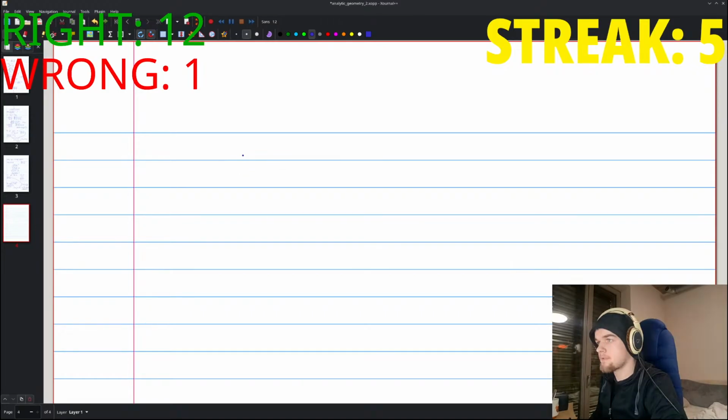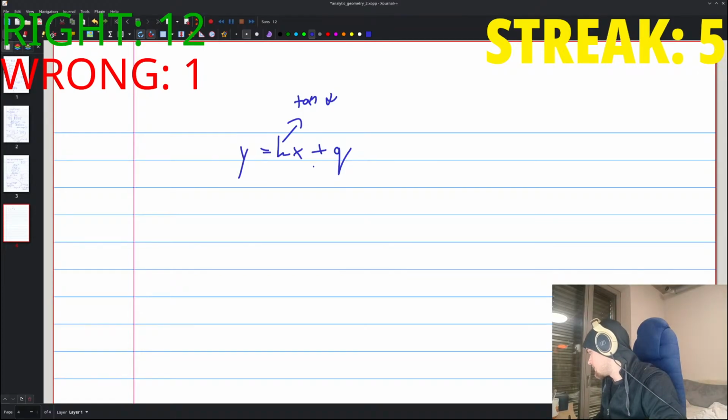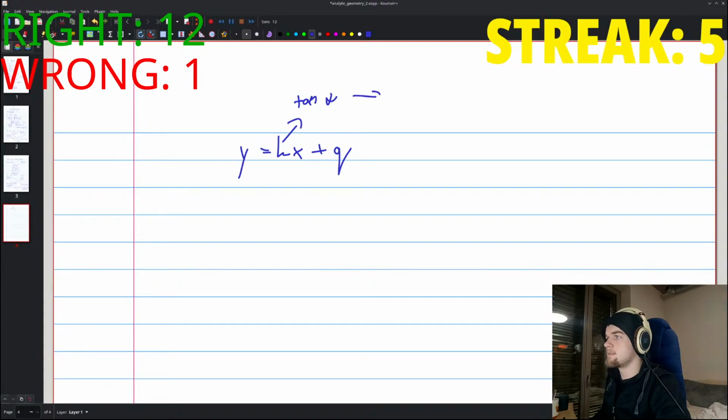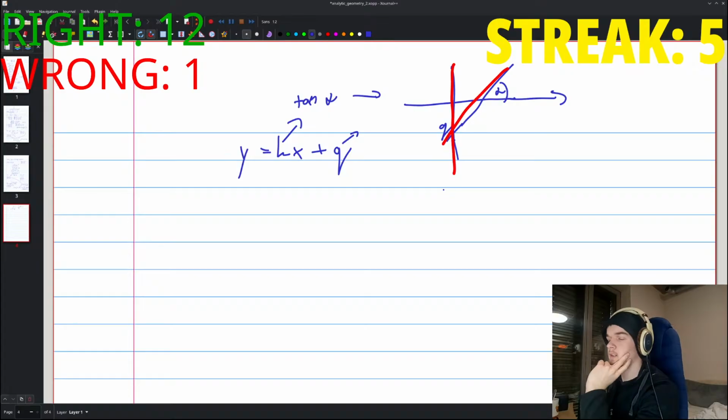So how you do this is you get y is kx plus q, where this k is the tangent of alpha, which is this here. It has to be the positive direction of the x-axis, and q is where the line intersects with the y-axis.